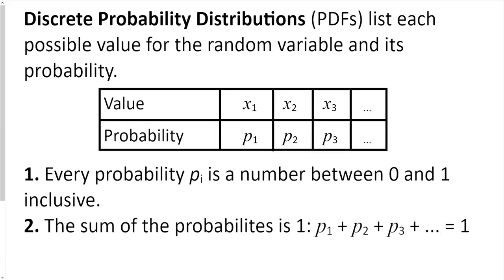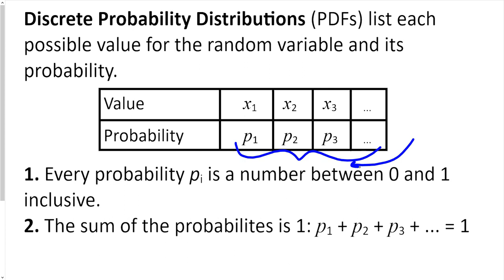A couple things with probability, though, just as a reminder. Discrete probability distributions, or probability distribution functions, is the PDF part of it. But I'm going to focus on the discrete. It's again listing all the possible outcomes and their probabilities. They're numeric outcomes. And all of the probabilities have to add up to 1.